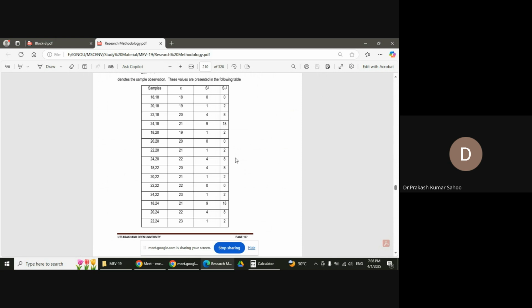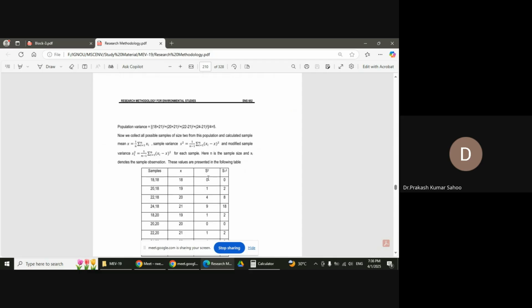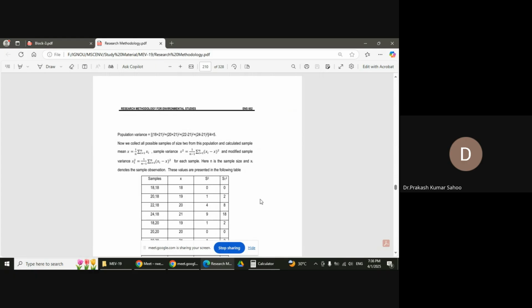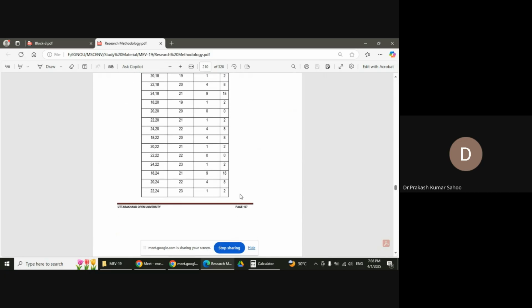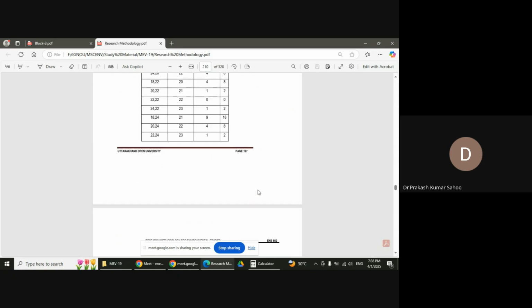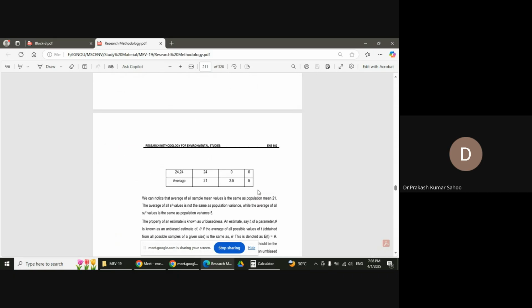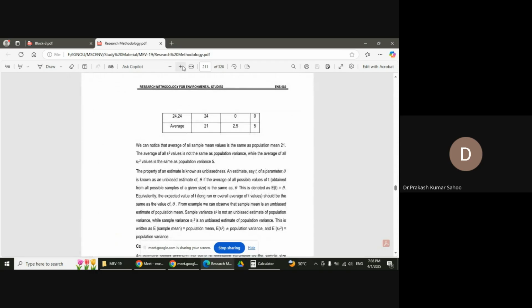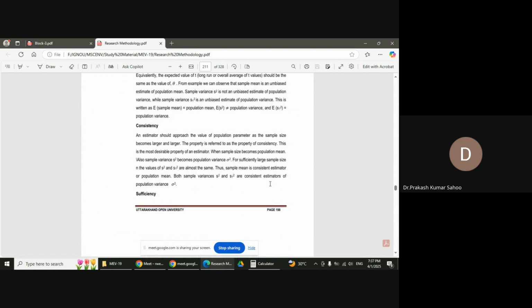This is the standard deviation square, or we can say this is the variance, calculated by using this formula. Similarly, S1 square is also calculated with this formula, and the figures are given here. From that, the average is calculated like this. So in this way, you will face some problems in this part.